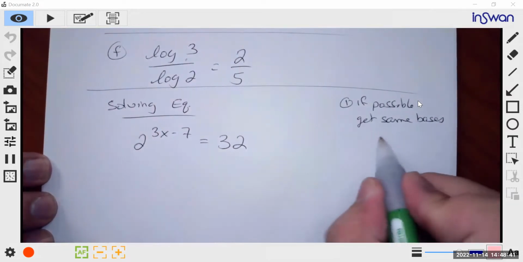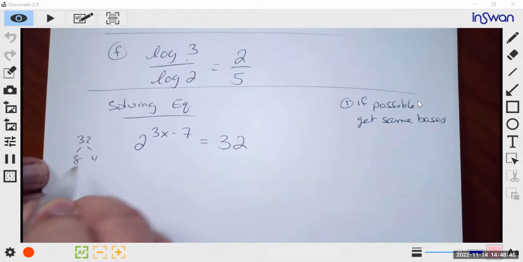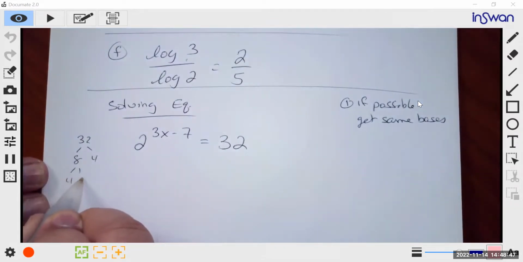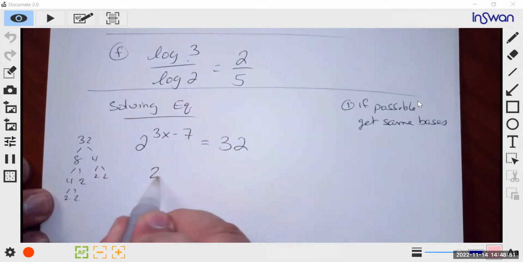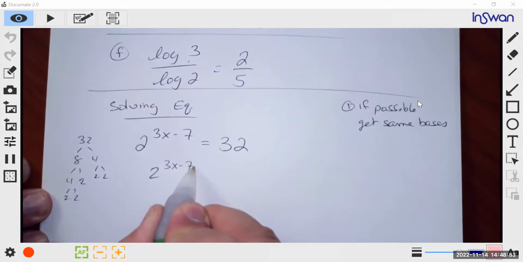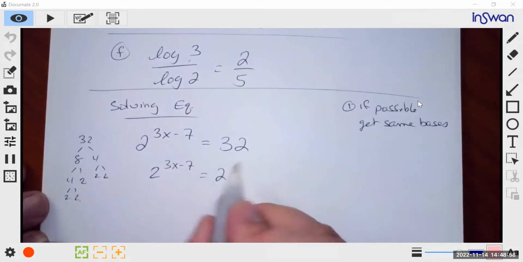So what is 32 made up of? 8 and 4. 4 times 2, 2 times 2. So 32 is the same thing as 2 to the 5th power.